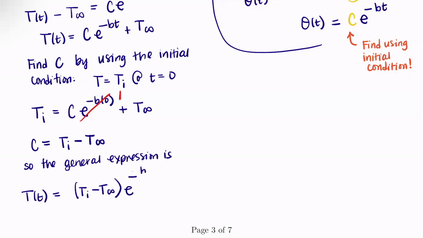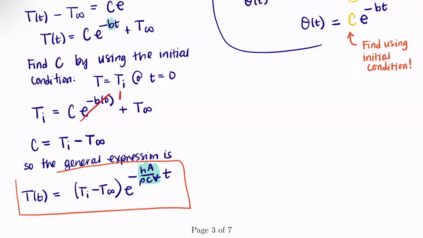So I have minus hA over rho cV times t. All right, so this is still b. And this is our key result for how the temperature in a body changes with respect to time if we can assume that the temperature in the body is constant everywhere spatially.